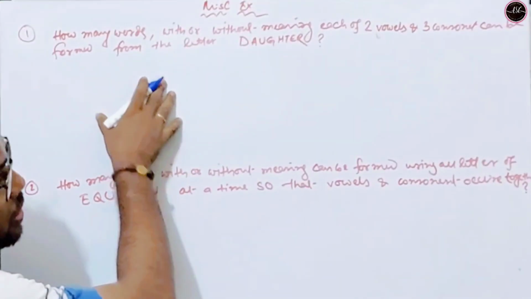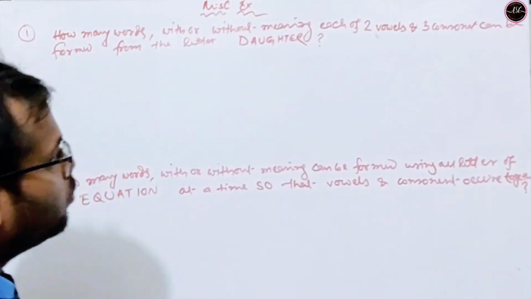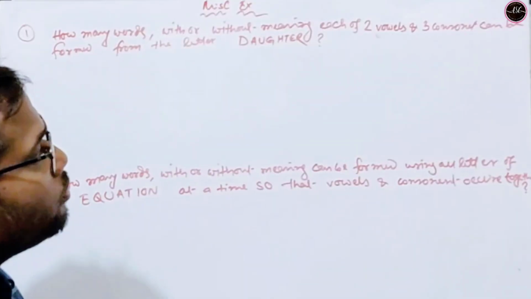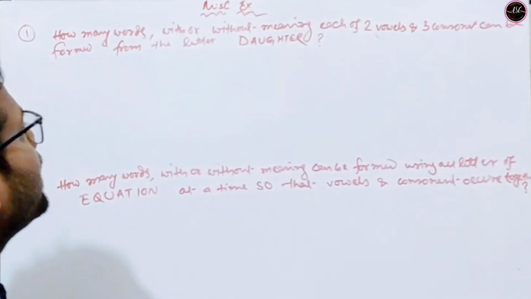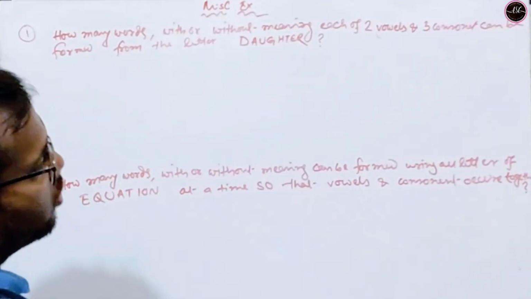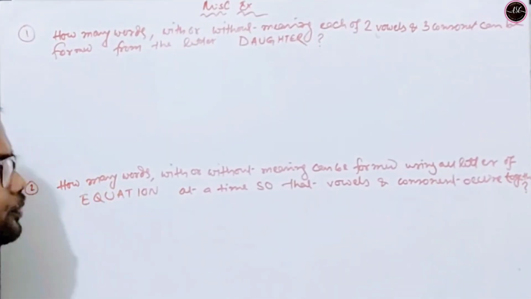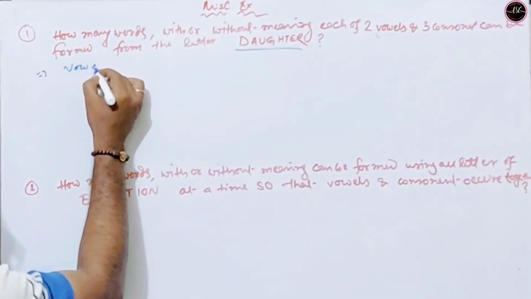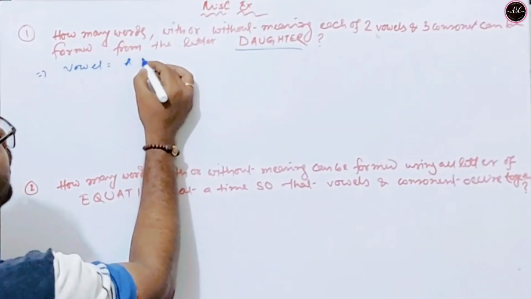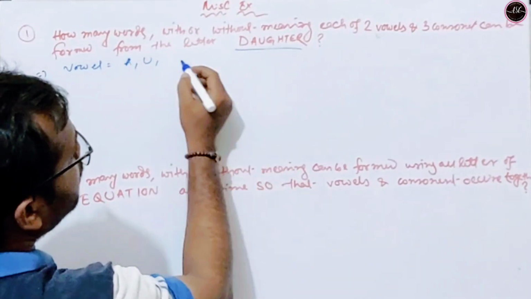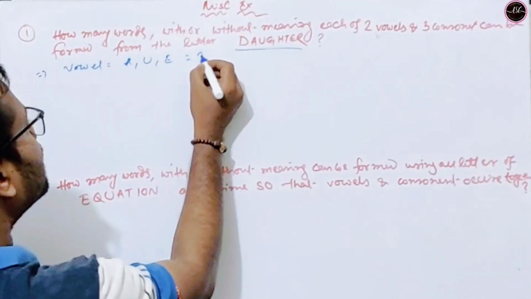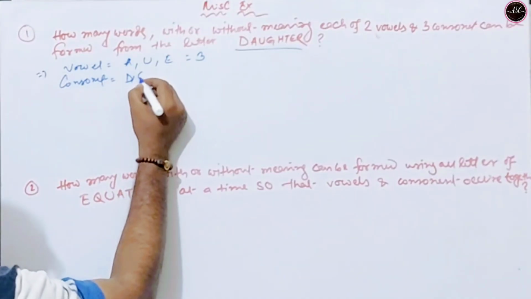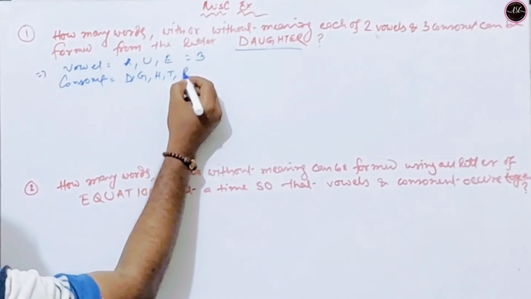Just look at this question. We now do the miscellaneous exercise of your NCERT textbook. How many words, with or without meaning, each of 2 vowels and 3 consonants, can be formed from the letters of the word DAUGHTER? This type of example we have done. So just look, in DAUGHTER the total vowels are A, U, E, that means 3, and consonants are D, G, H, T, R, that means 5.